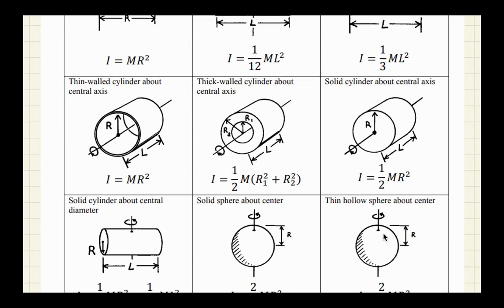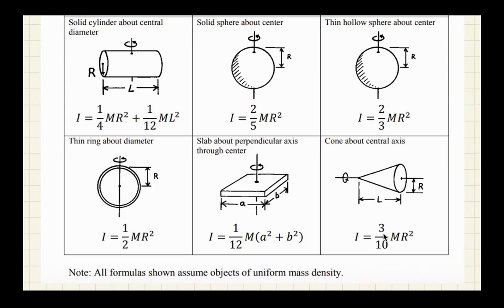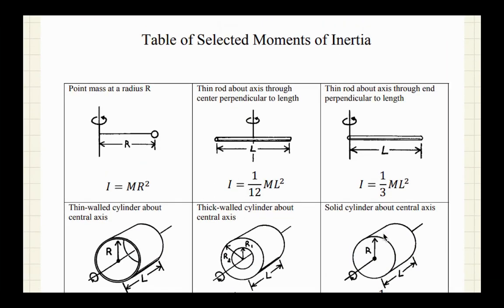So different shapes, different mass distributions around the axis of rotation, will have different formulas for moment of inertia. The base formula for all of these, the base formula for I, is the integral of the distance squared with respect to the mass of the object.